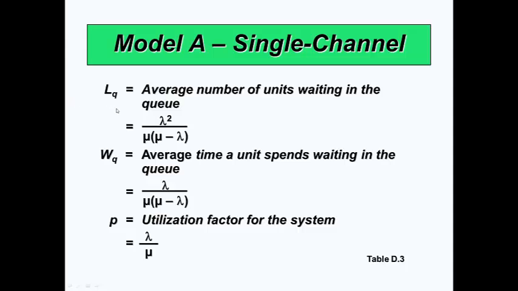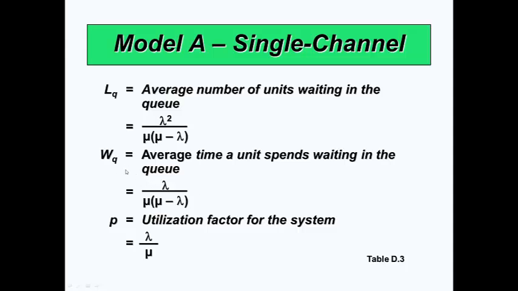The only difference is in L sub q, you look at the number of customers or units waiting in the queue, whereas in L sub s, it includes the number of people waiting in the line plus the number of people being served. So if it is a single channel, single phase, the difference between L sub q and L sub s will be only 1, because there is one person being served while the rest are in line.